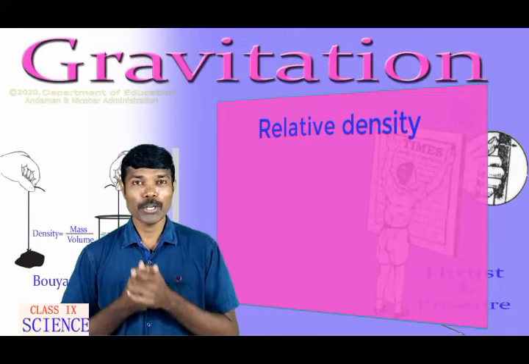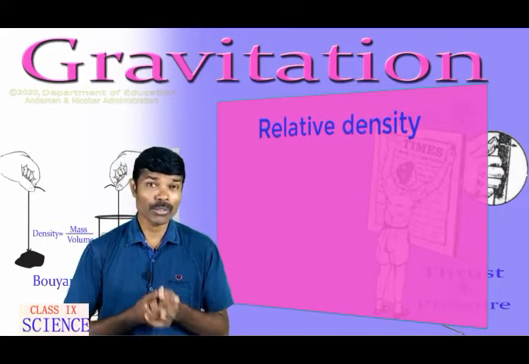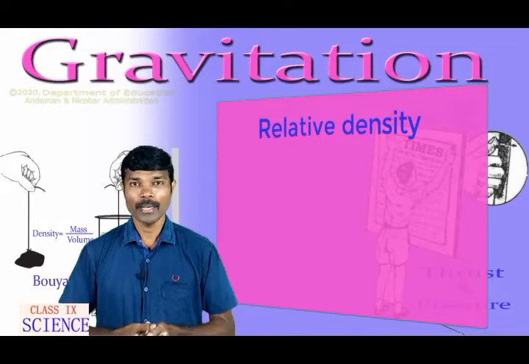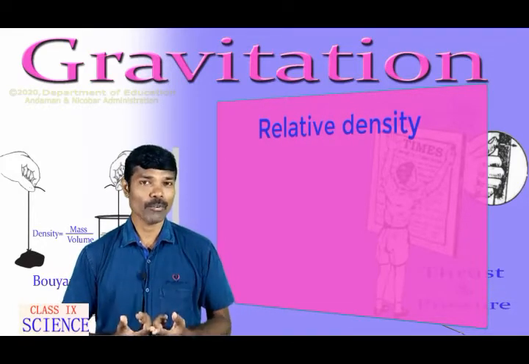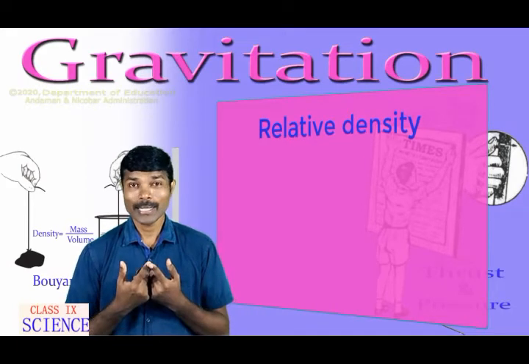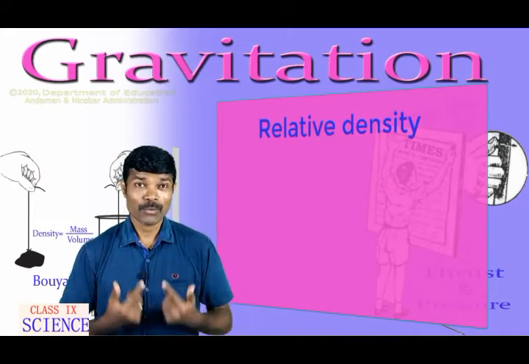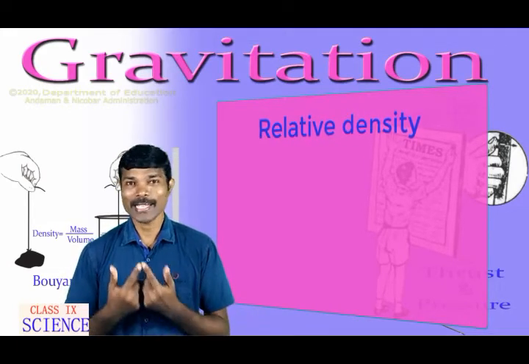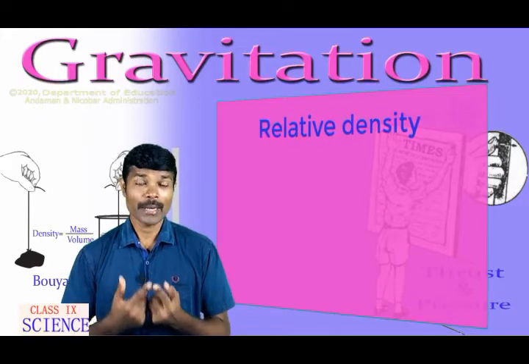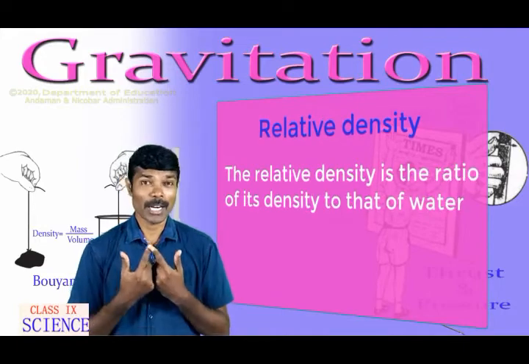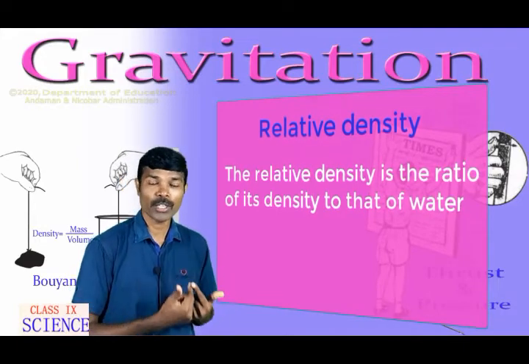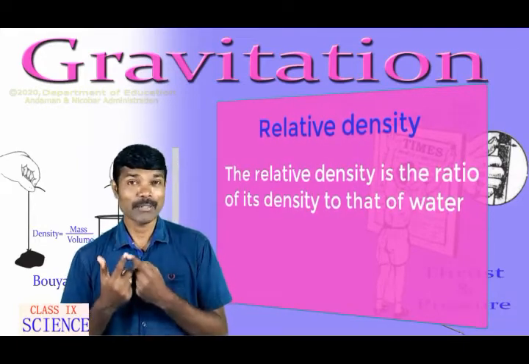Here the density of water is found to be 1000 kg per cubic meter. It was found that in 1 cubic meter the total mass of water will be 1000 kg. So the density of water is taken as reference, and the density of other substances is compared with respect to water. So we call it relative density.